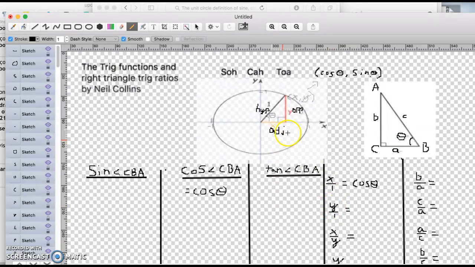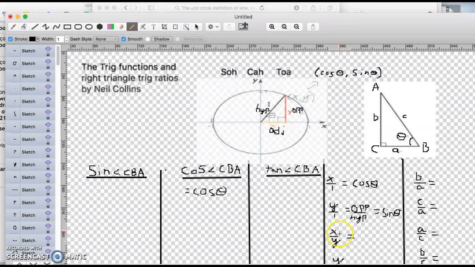Y over 1 is going to be opposite, y, over 1, the hypotenuse. So I can just write it out and show you guys: opposite over hypotenuse. And this is going to be equal to sine of that angle delta.